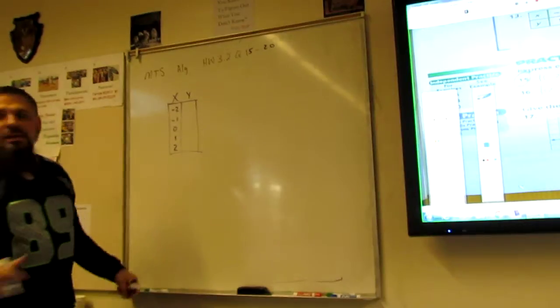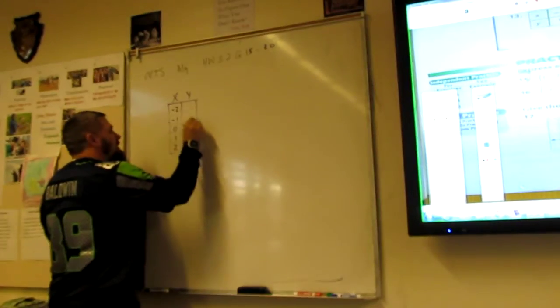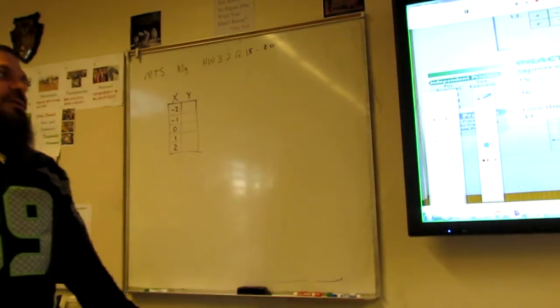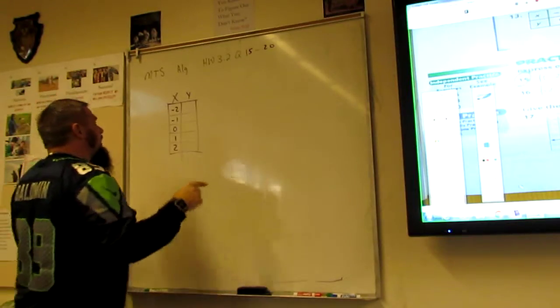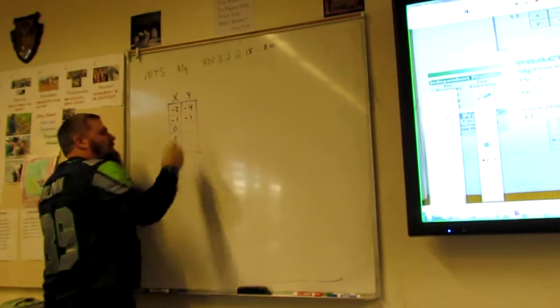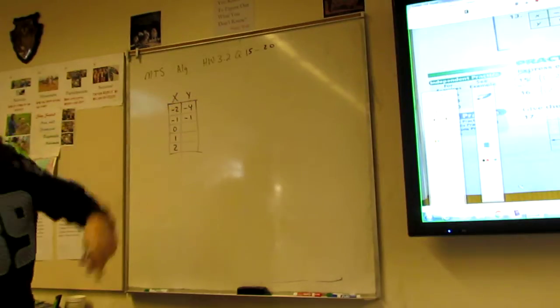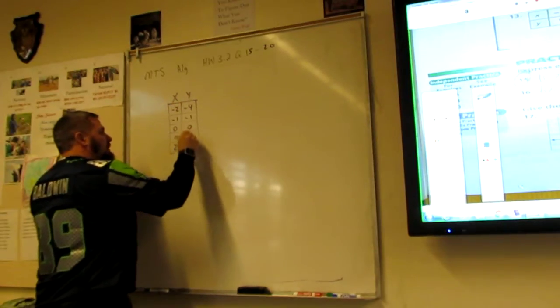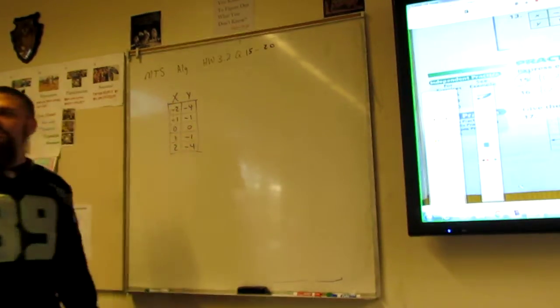Then we do the Y's: negative 4, negative 1, 0, negative 1, negative 4. And that's the table.